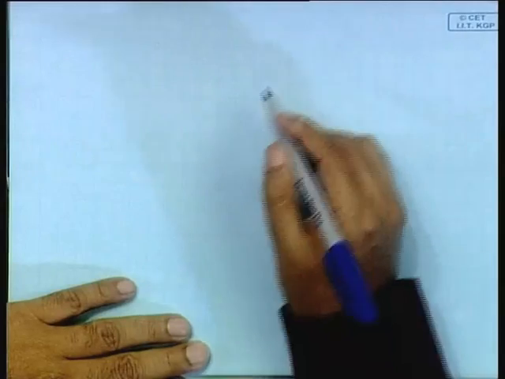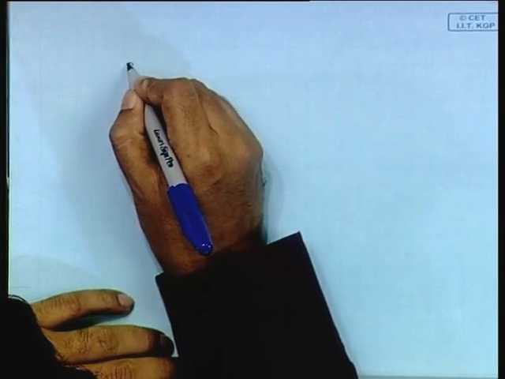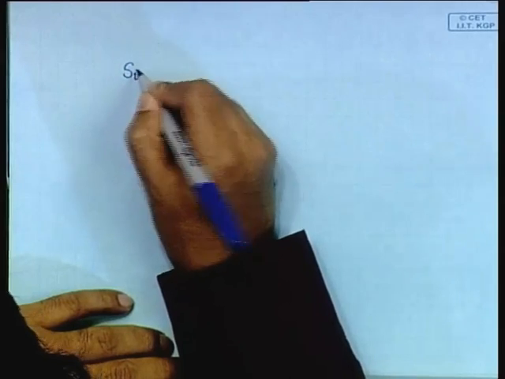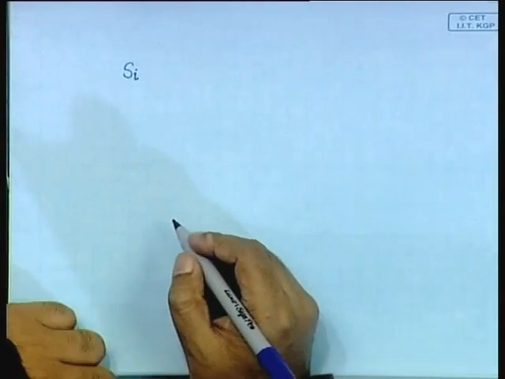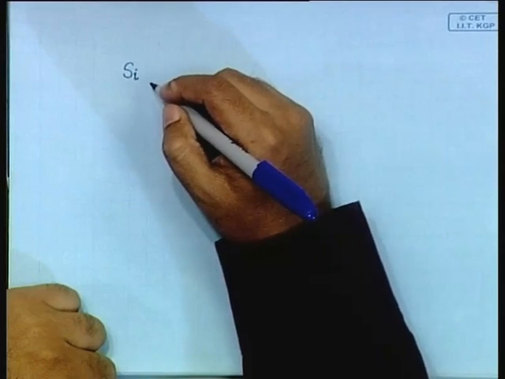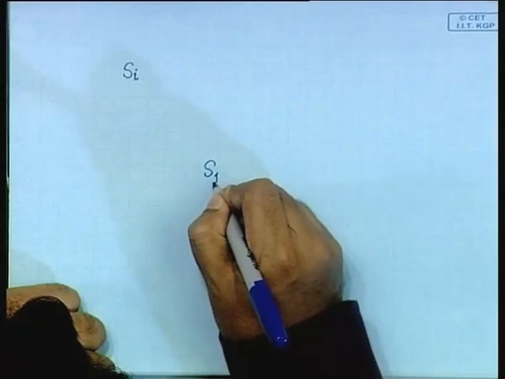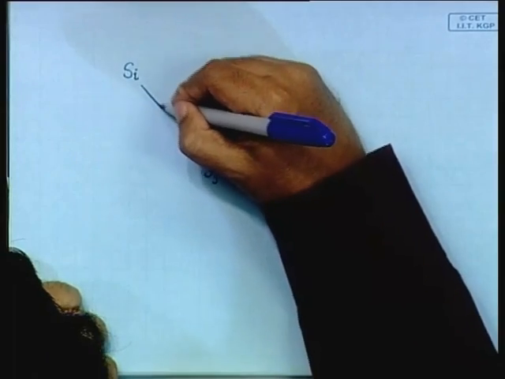So, here we are going to do the following thing: suppose we have this site Si which sends a request for the critical section to some node Sj. So, let us say that we have this.